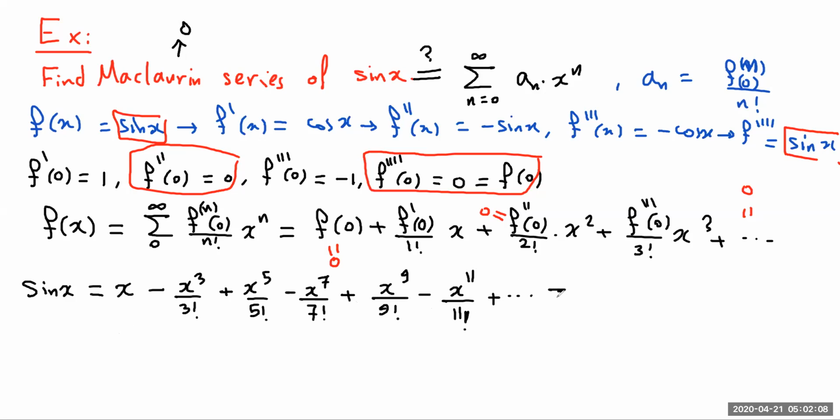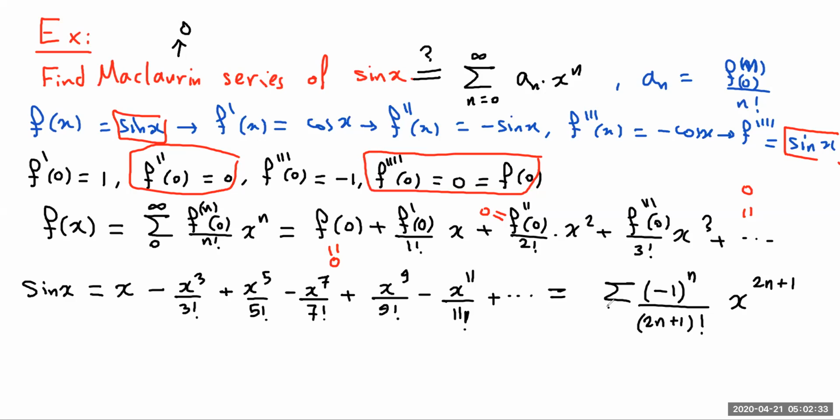And if we want to write this as sigma, we can write it like this: sigma of minus 1 power n divided by, down always an odd number, so 2n plus 1 factorial, times x^(2n+1).